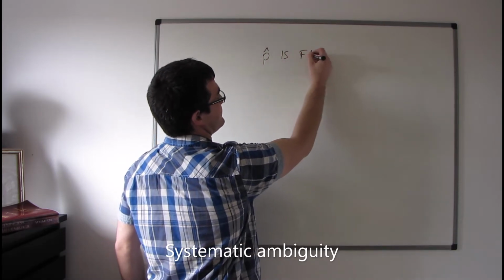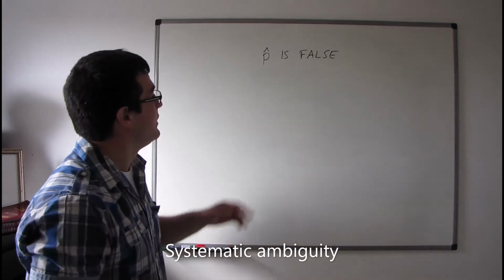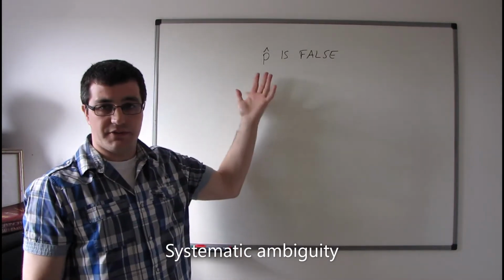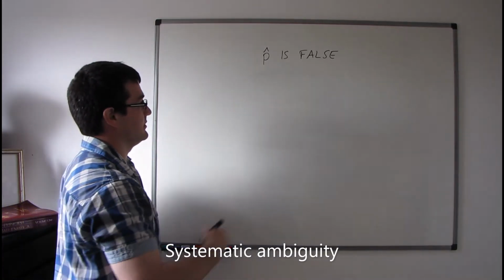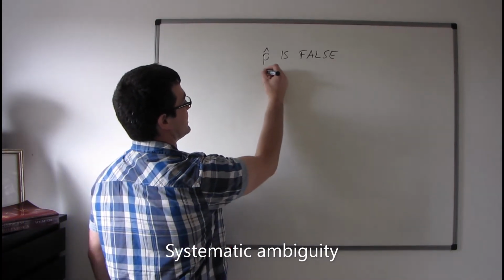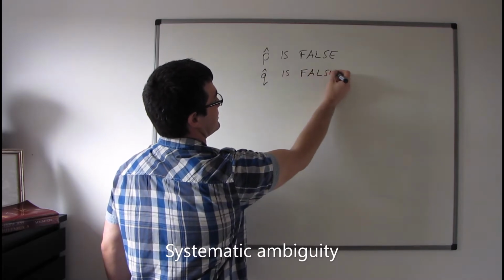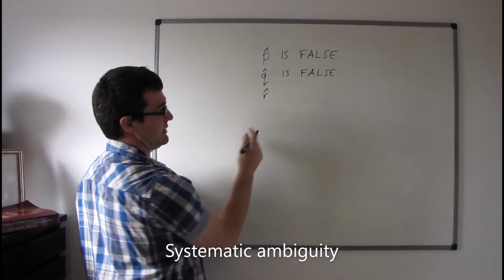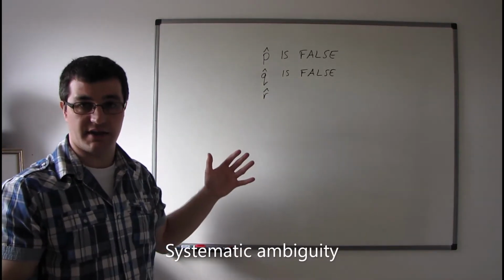P hat is false. And one of the first things to note is that this symbol here is a dummy symbol. I could replace it with Q hat, and I could say Q hat is false, or replace it with R hat, and R hat is false, and they would all mean exactly the same thing.